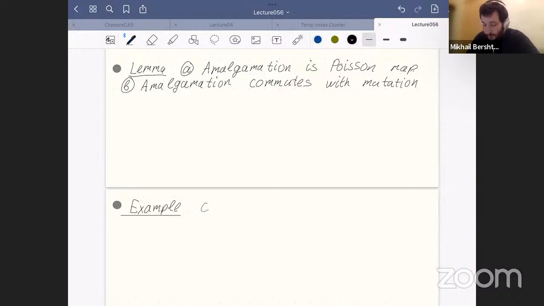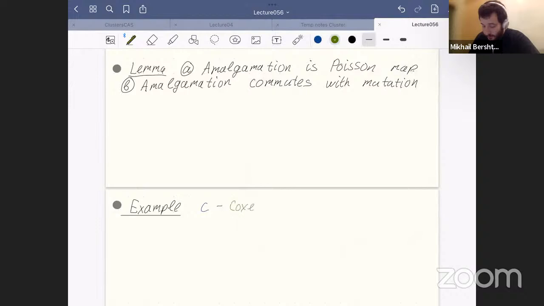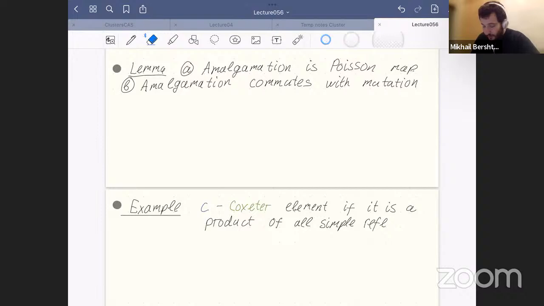So c is a Coxeter element if it is a product of all simple reflections. Okay, let me write it as a formula.